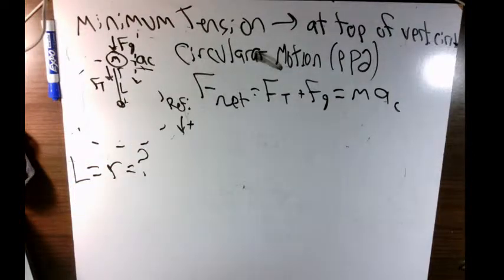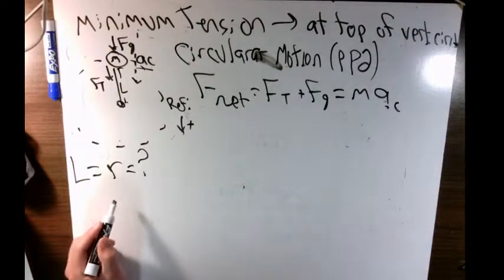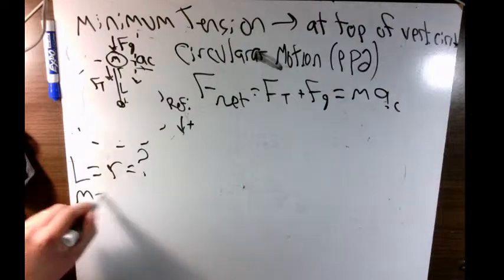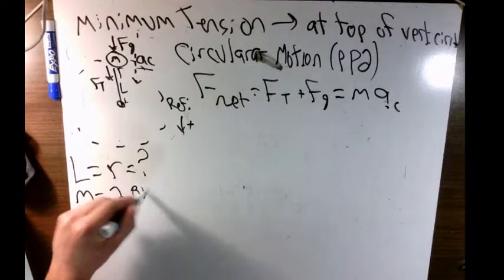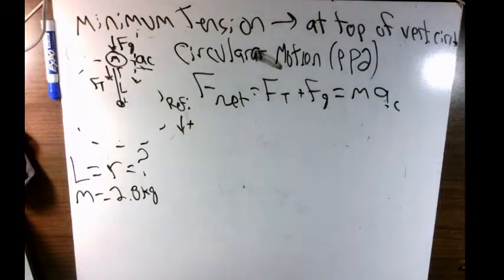So we're going to need to use one of our formulas for centripetal acceleration with the radius in it, which is both of them. We'll just write down everything they tell us. So the mass is 2.8 kilograms. That doesn't affect our centripetal acceleration, but it will affect our force of gravity and our net force with centripetal acceleration.